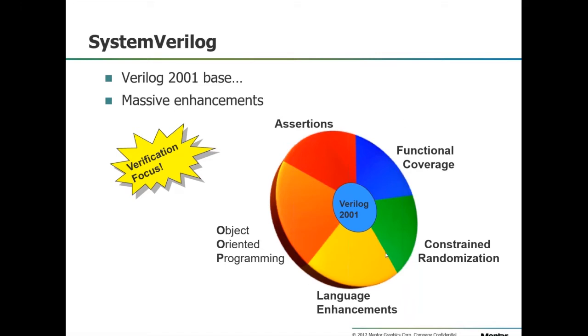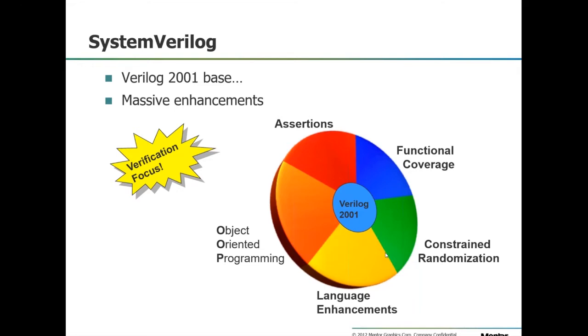It really allowed us to move the verification world into a more structured verification process like software verification. And it did it with a standard language, so we're not tied to these proprietary tools with proprietary languages.